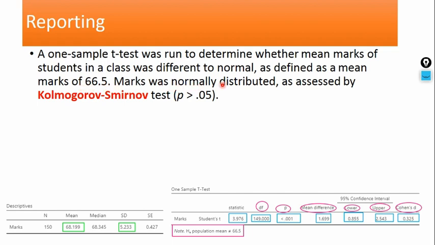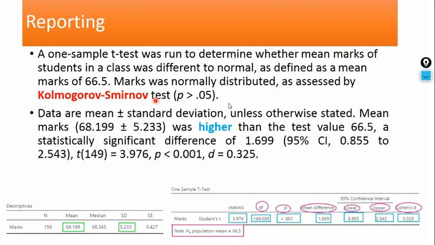Marks were normally distributed as assessed by the KS test. Our KS value was greater than 0.05. Data are mean plus or minus standard deviation unless otherwise stated.